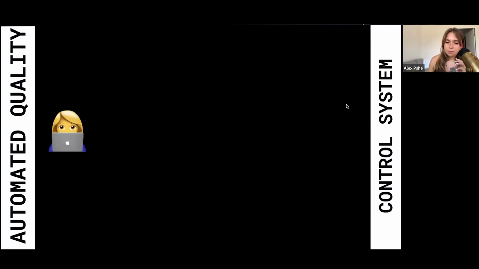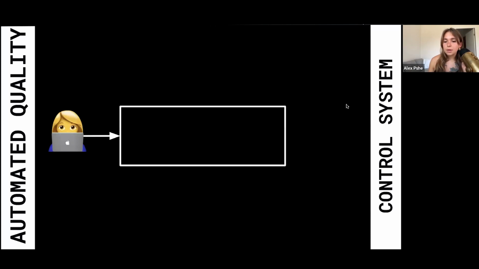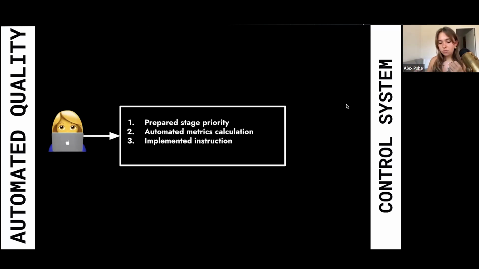So we have our developer team, and right now any action will lead to calling this automated quality control system, which will prepare stage priority, our different stages of the pipeline, and do automatic metrics calculation, so calculate all metrics, implement instructions, so okay, we have this metric, we have to do this, this, and this, implement all instructions, collect some data and call the next step. So really the whole process is automated.